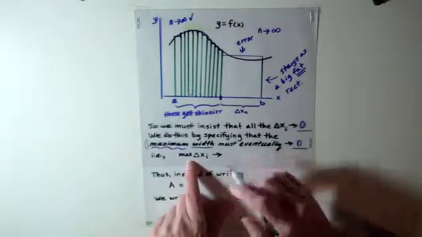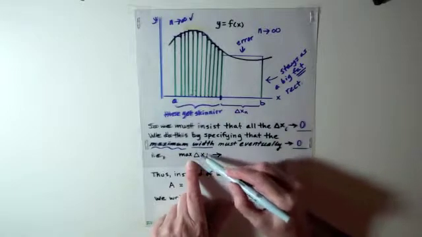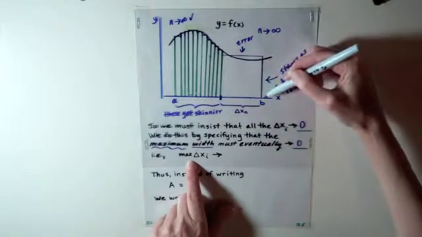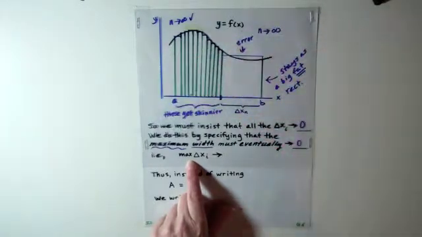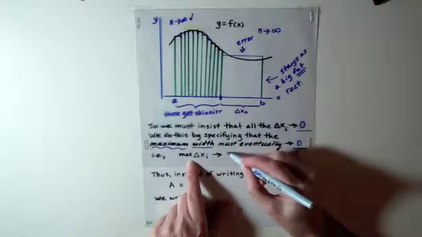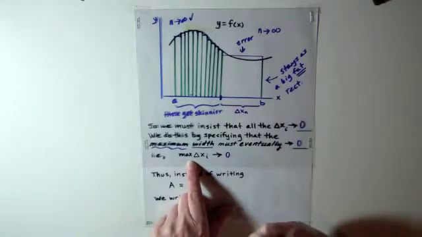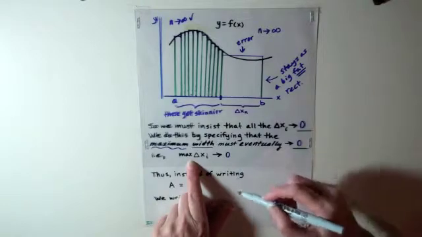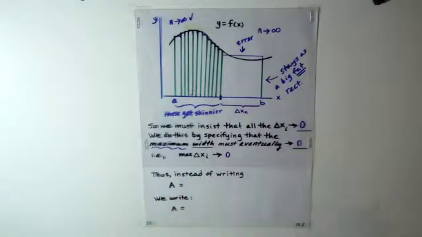So we write it this way. We write max, meaning the maximum of all the delta xi's as i runs from 0 up to n. Those are just the different widths of our rectangles. And we insist that the biggest of those goes towards 0 as the number of our rectangles increases. If the maximum width goes to 0, then all of the smaller widths must also eventually go to 0.